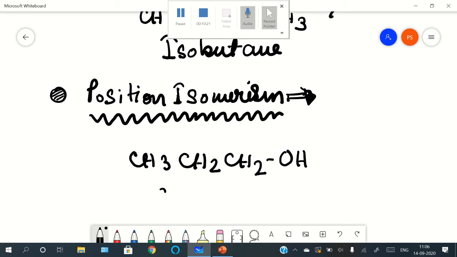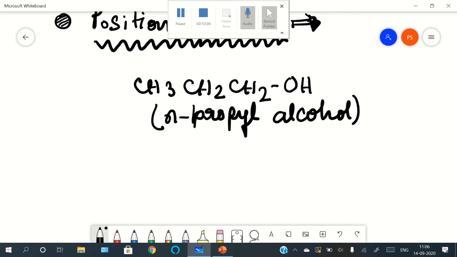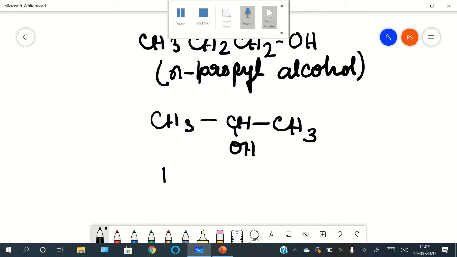This is N-propyl alcohol. And the isomer of N-propyl alcohol is this one, in which the hydroxyl group has shifted to the middle carbon, creating this alcoholic compound known as isopropyl alcohol.